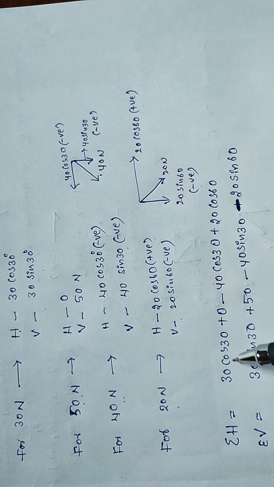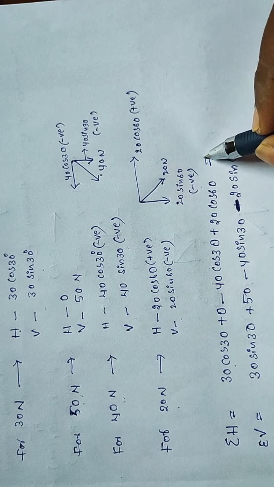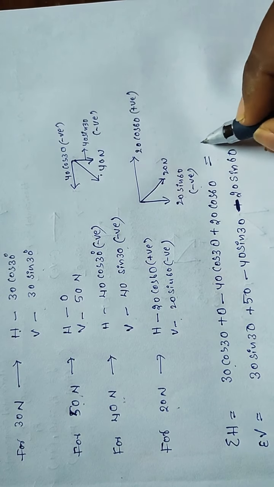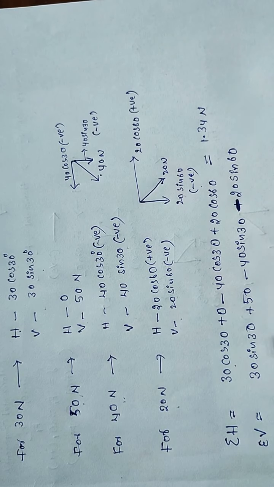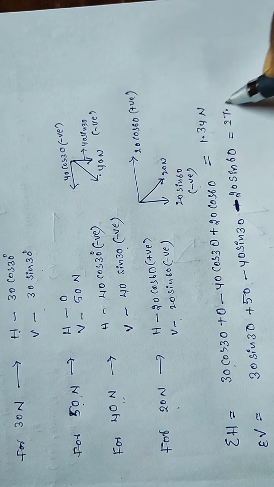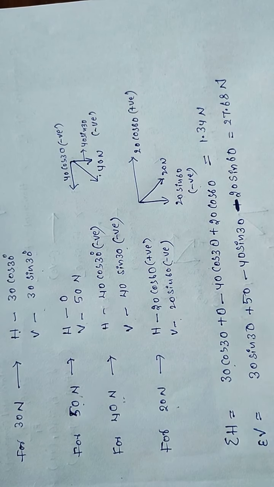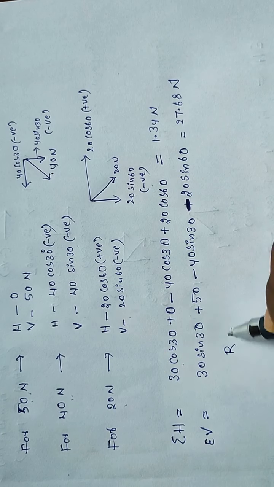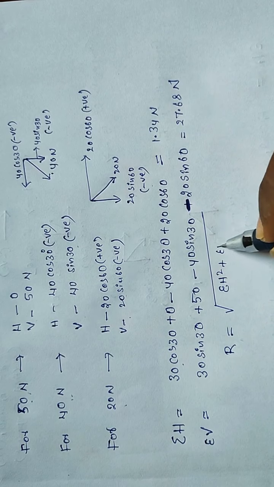So if you calculate, sigma H you will get 1.34 Newton. Summation of V, you will get 27.68 Newton. So resultant R will be equal to under root of sigma H square plus sigma V square.